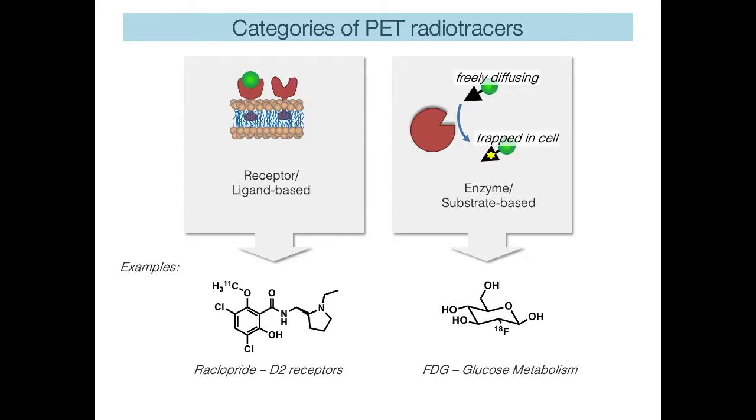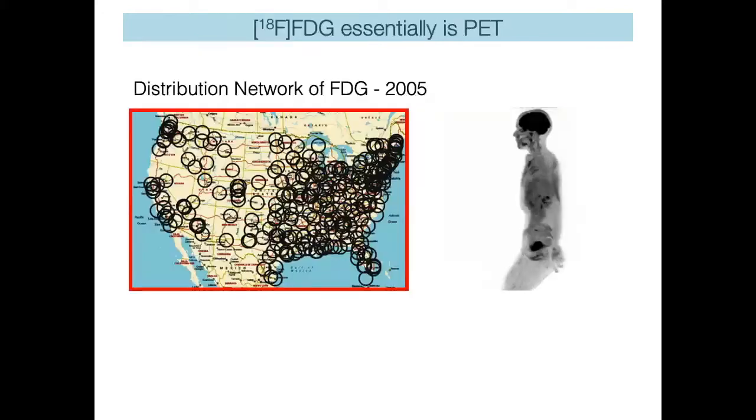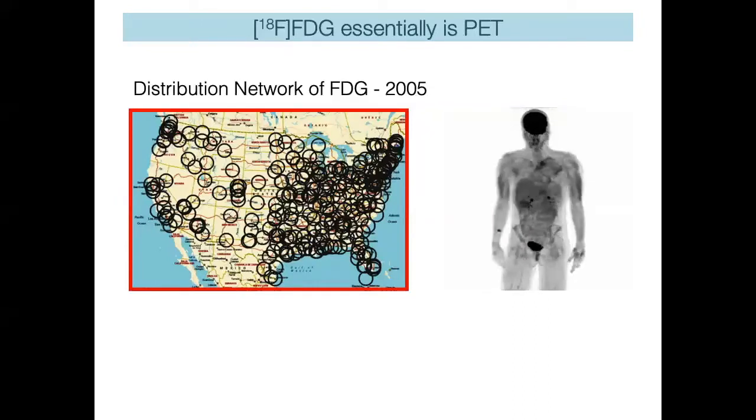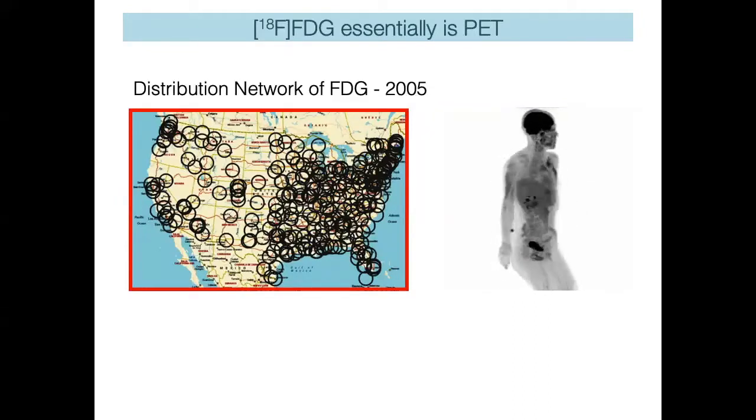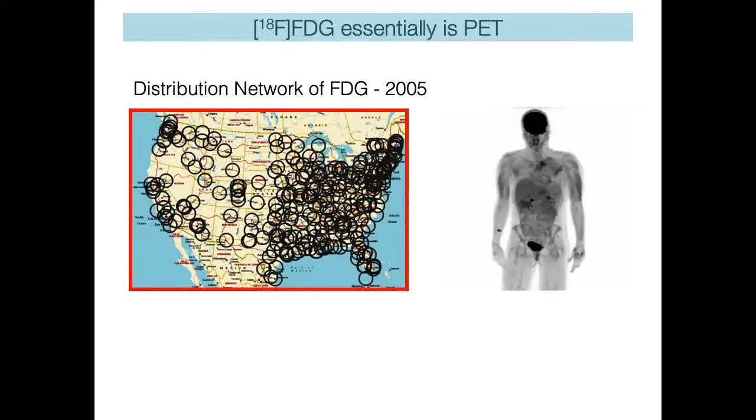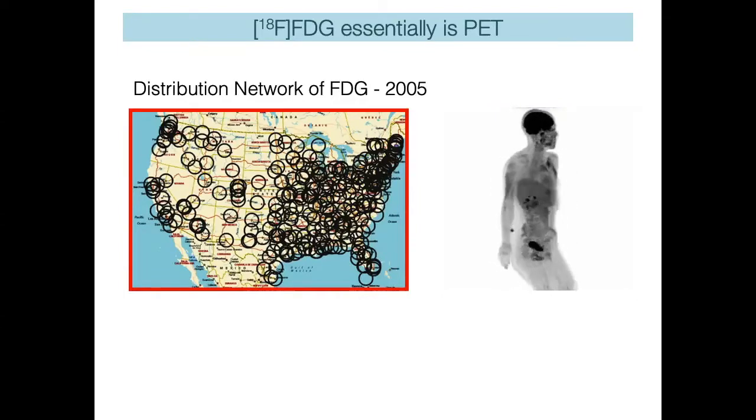But since I've talked about FDG, if you've heard about PET, that's probably the first tracer you have heard of. It's fluorodeoxyglucose, and it measures glucose metabolism. Clinically, that is going to be 95% of your PET scans.